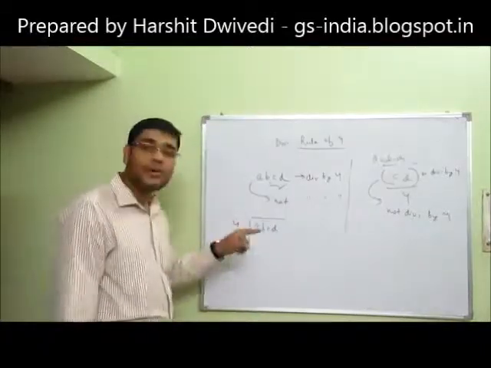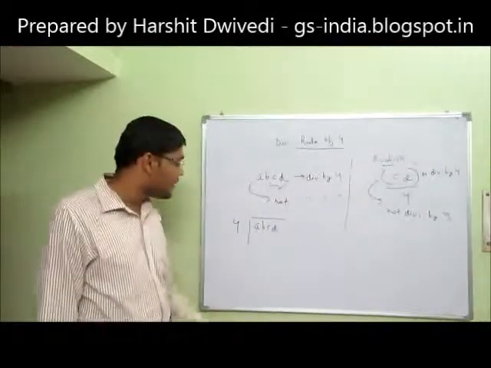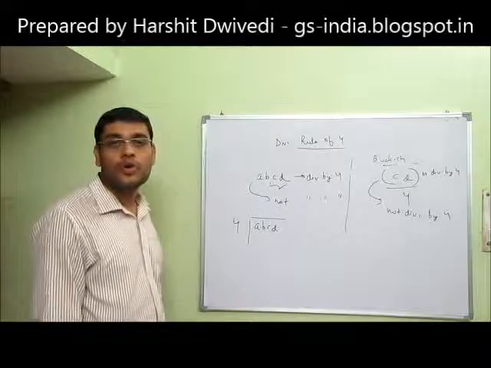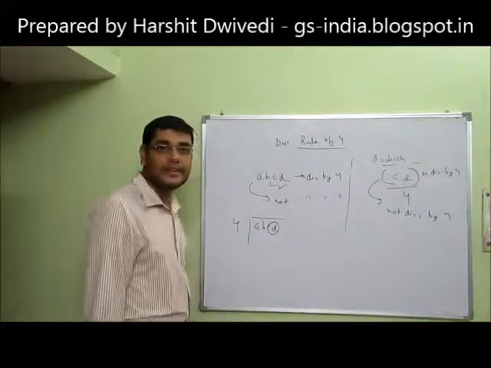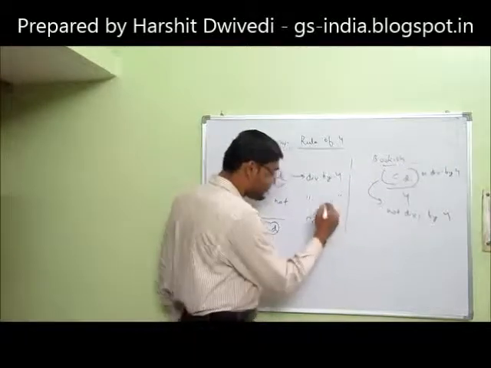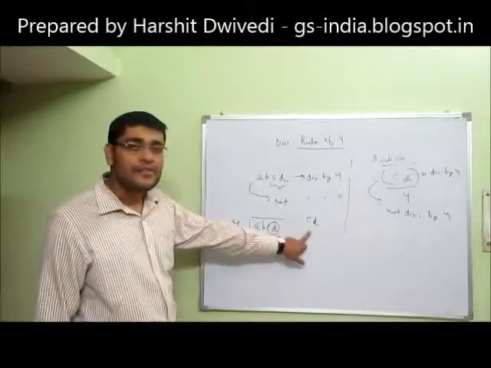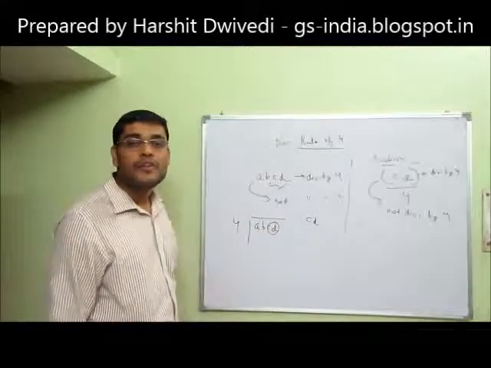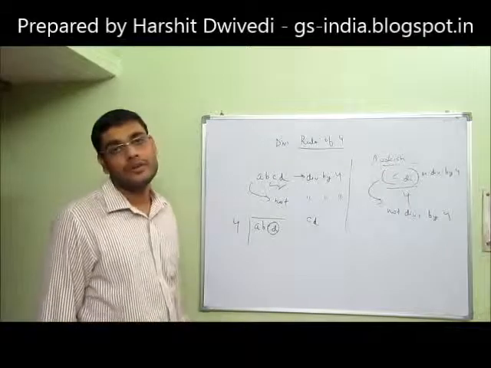That remainder can be 1 or 2 or 3. So to find the remainder when ABCD is divided by 4, I will pick up the last two digits, CD, and divide this CD by 4. Whatever remainder CD gives when divided by 4 will be the remainder this 4-digit number ABCD gives when divided by 4.